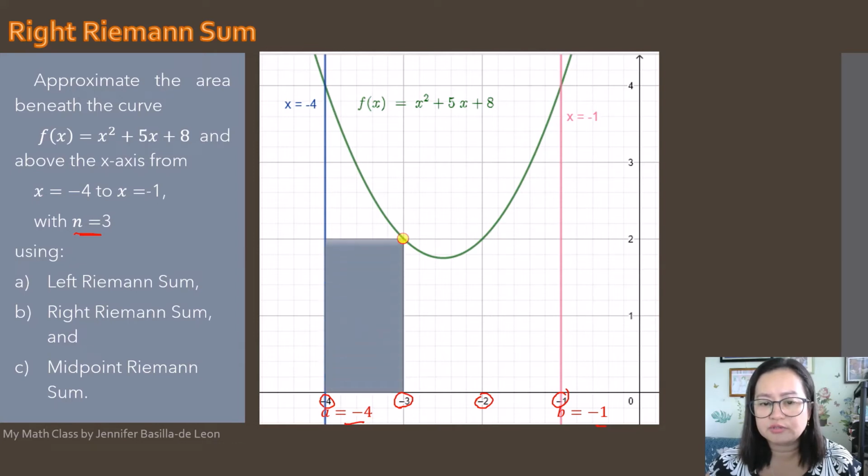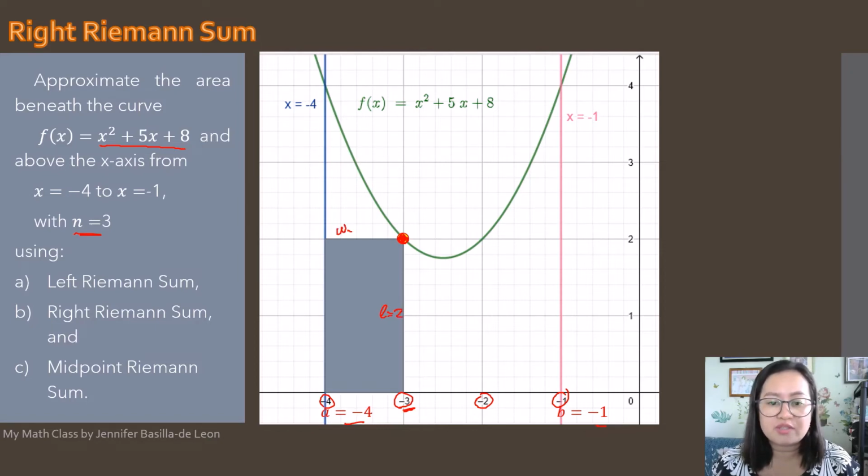So we draw. Now we consider the right vertex. In the first subinterval, -4 to -3, we have this rectangle, and we consider this right vertex. To get the length of this rectangle, we evaluate x squared plus 5x plus 8 at x equals -3. Evaluating the given function, we shall have L for length equals 2.